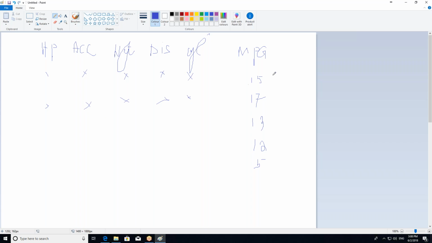So the miles per gallon values are explained by all these variables. How much it is explained by all these variables? It is not possible that only these five variables are responsible for MPG, yes or no?